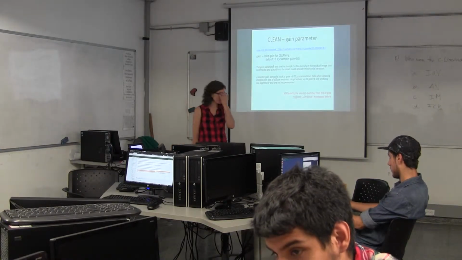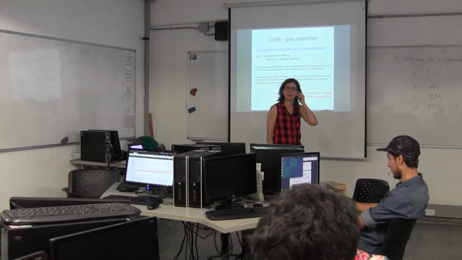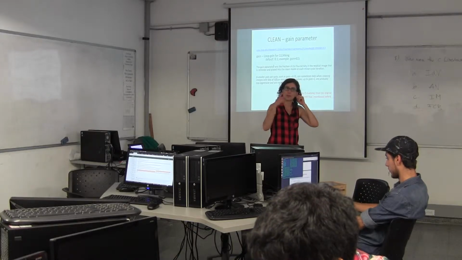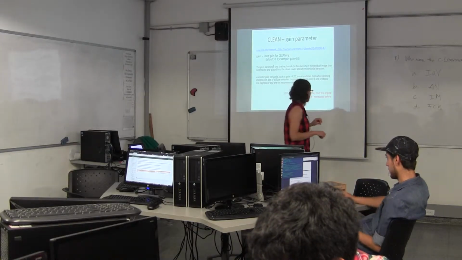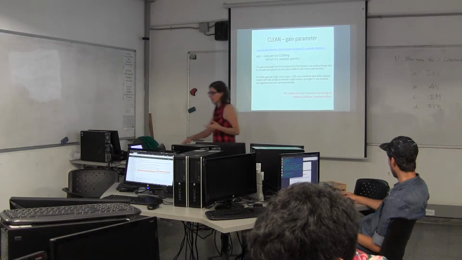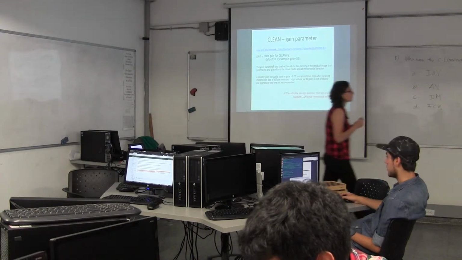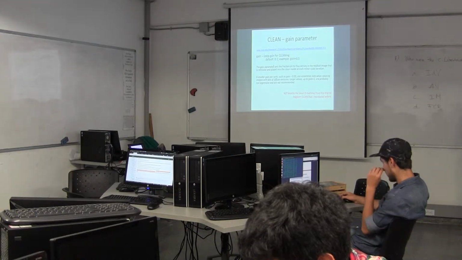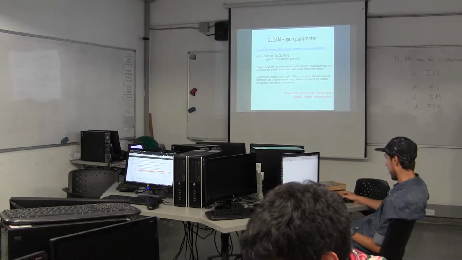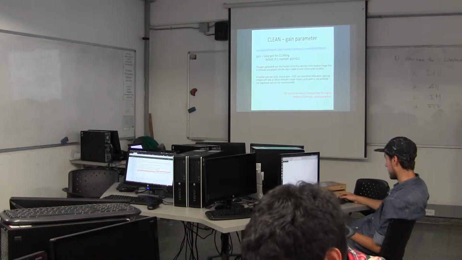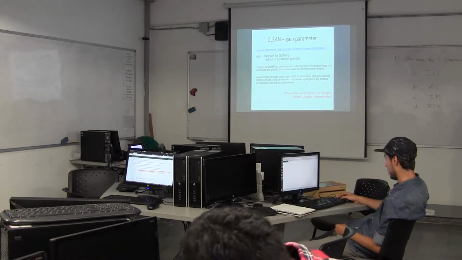I wanted to mention the gain parameter that I explained at the very beginning in the Högbom CLEAN. In the original paper, remember that when we detect a point source, we don't extract all of it. We take just a fraction, to be a bit conservative.